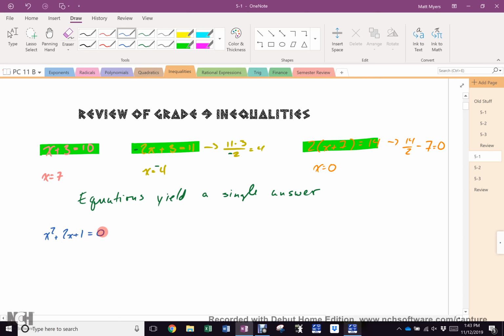Isn't that an equation? What are the answers to that equation? This is tricky. What are the answers to that equation? How many answers does it have?